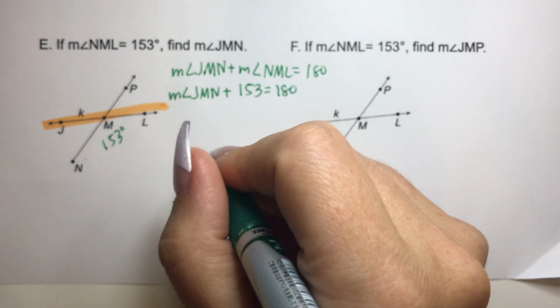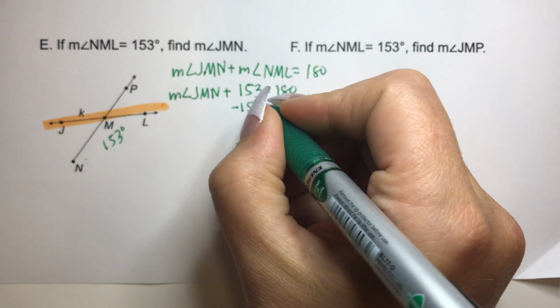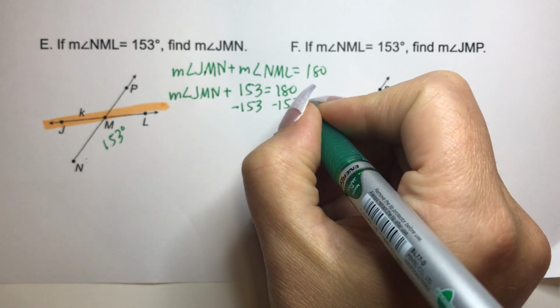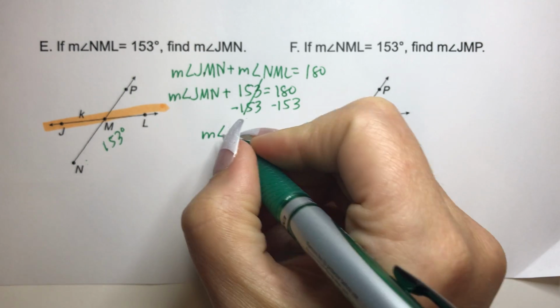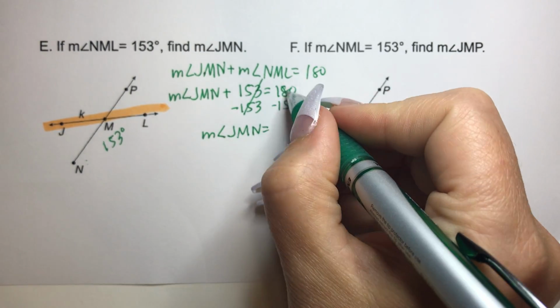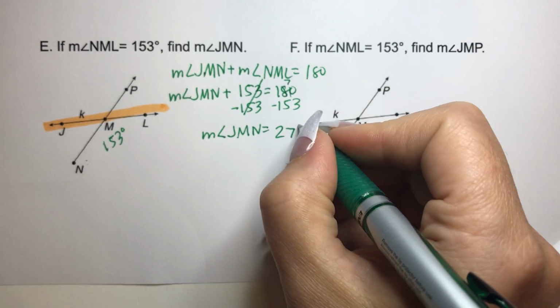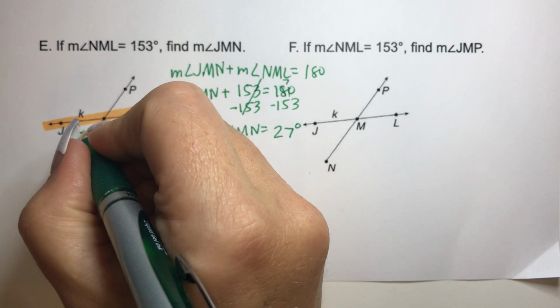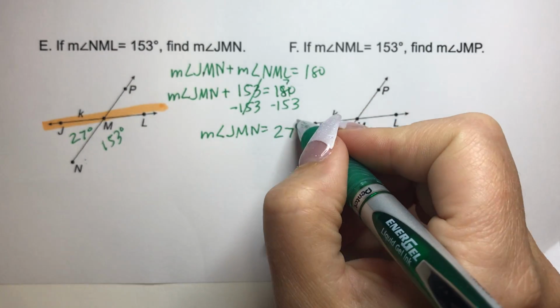Then I'm going to use my inverse operation, so I'm going to subtract 153 from both sides. Those cancel. I'm left with the measure of JMN is equal to, gotta borrow, 27 degrees. All right, perfect. So that is the answer.